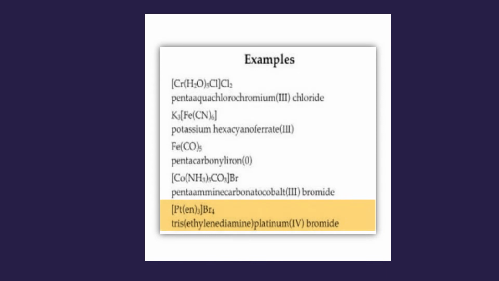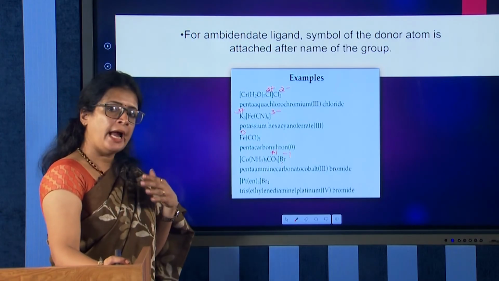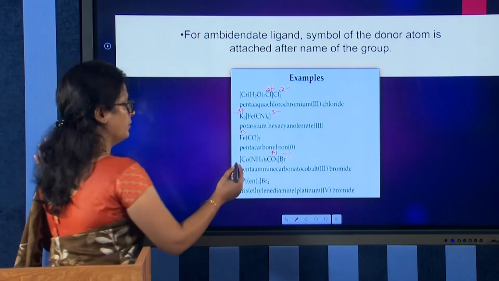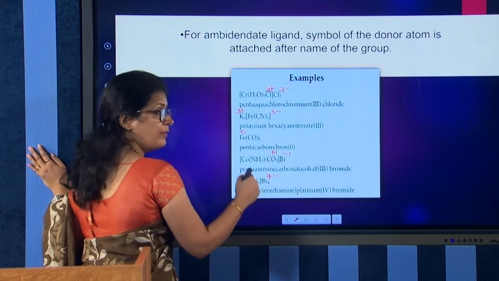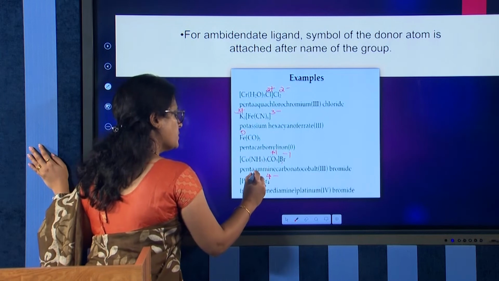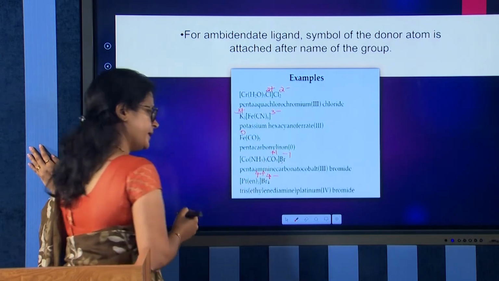And now the next example, [Pt(en)3]Br4. In this case, one thing you have to keep in mind is that ethylenediamine has a di in its name. That is why we should add tris. Before that, this is the anionic part, 4 minus, Br has a 4 minus charge in total. So the cationic part is 4 plus.